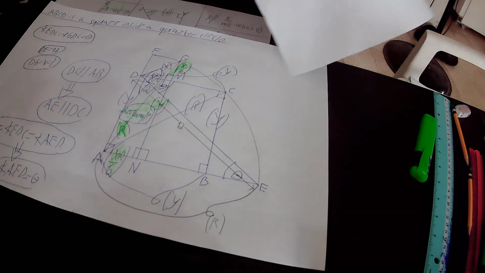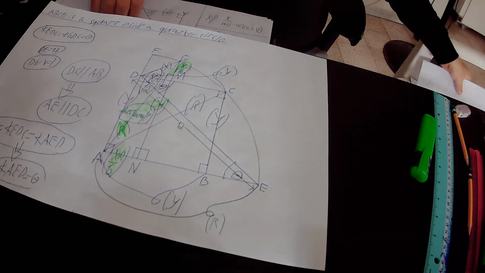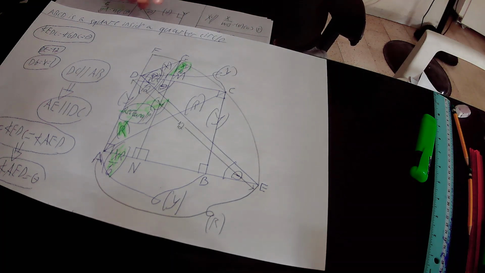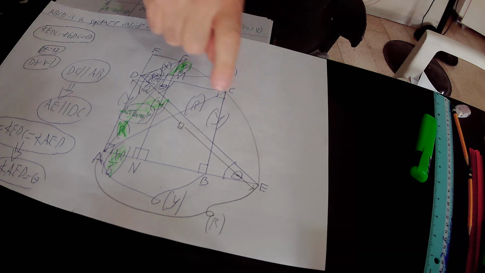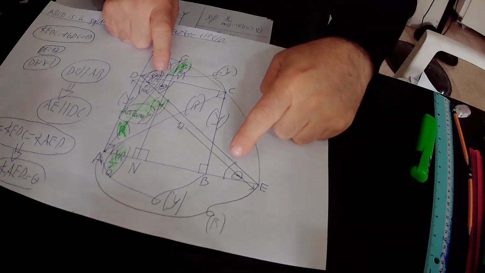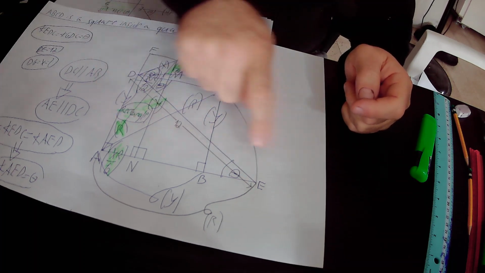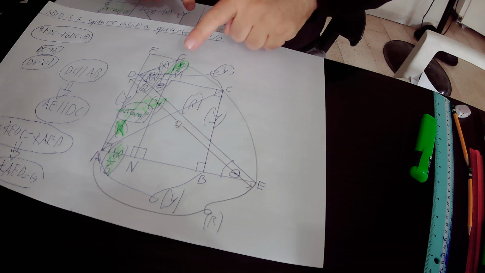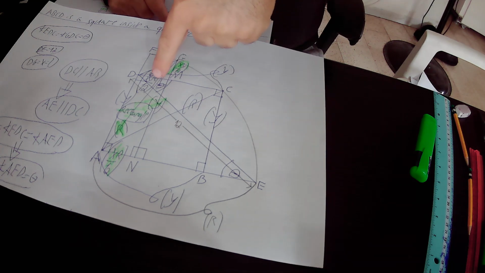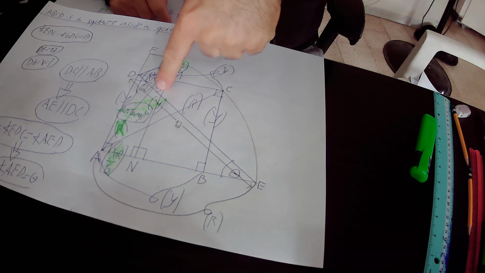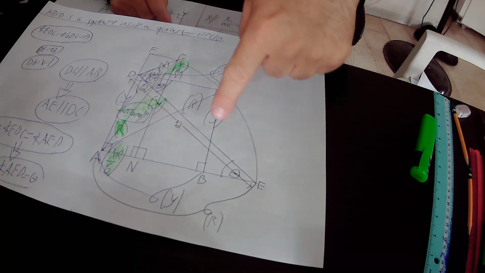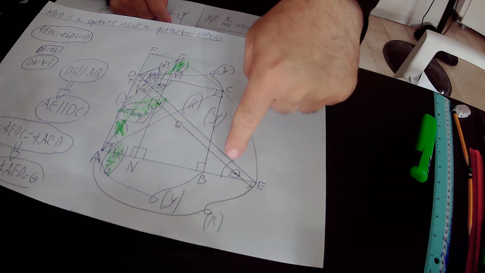Okay, so we can implement rule 15 in our drawing. Why? Because in our drawing, first of all, line DC is parallel to line AE, and those two angles are defined as alternating angles, located between the parallel lines DC and AE, and therefore they are equal to each other. So this is angle EDC, and it is equal to this angle, that is actually angle AED.